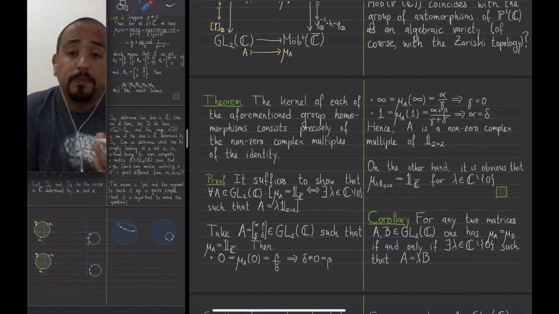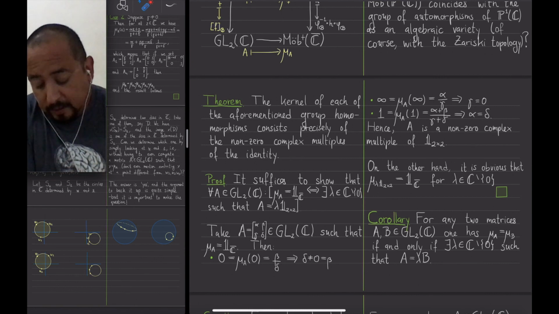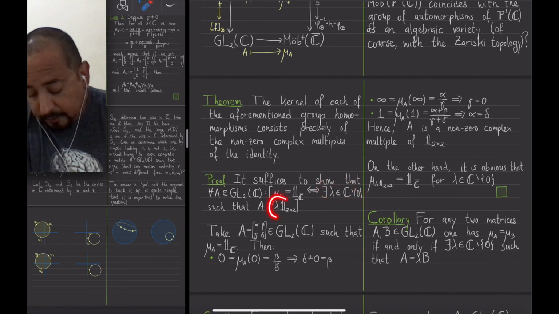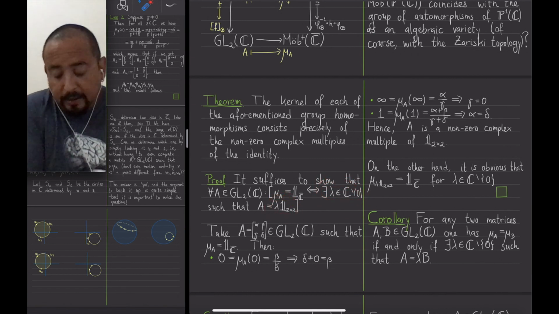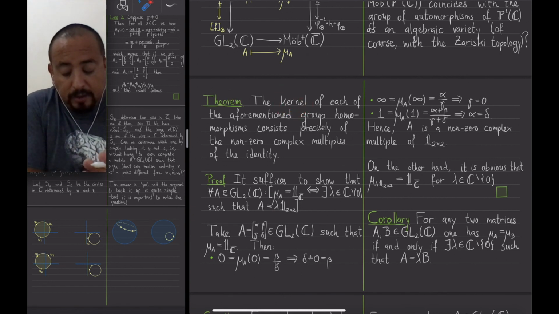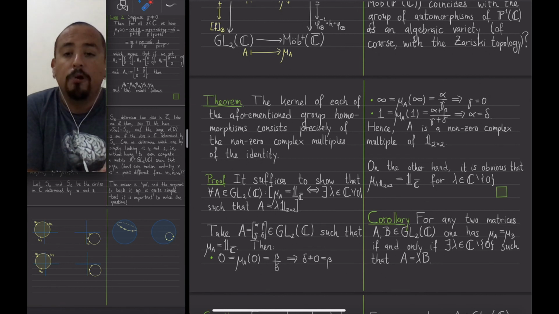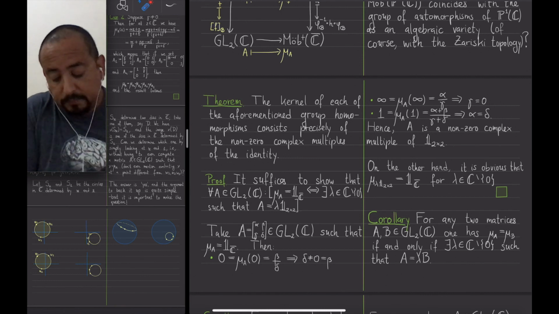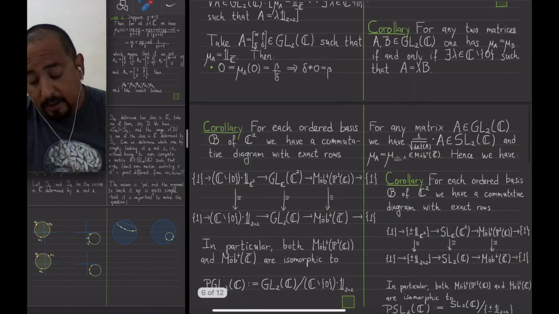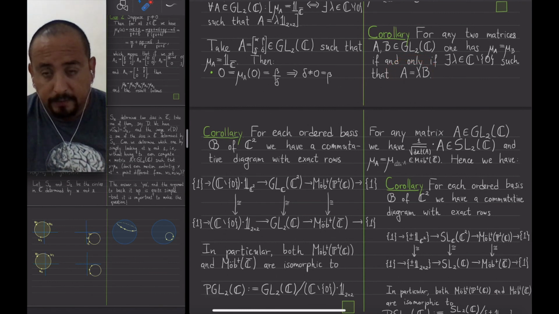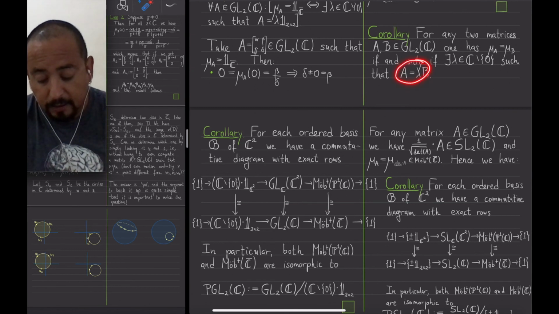That is what we expected, because it's quite clear that non-zero multiples of the identity give you the identity Möbius transformation. This in particular helps us decide in practical terms when two given matrices give the same Möbius transformation, just by looking at their entries.